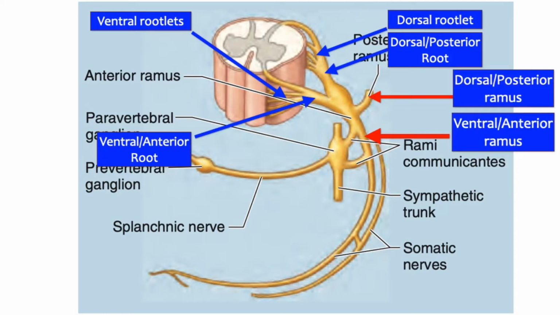The ventral ramus of the spinal nerve will form the plexus at the root of the limbs, which will be called as brachial plexus in case of upper limb. So now, with this background, let us proceed with today's session.